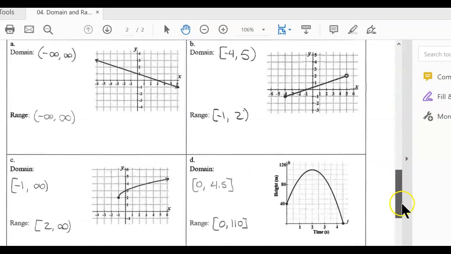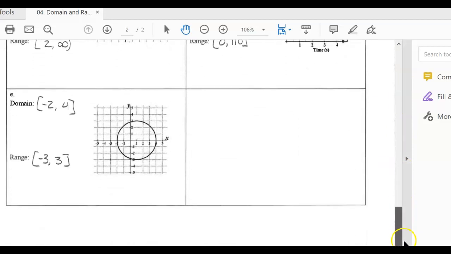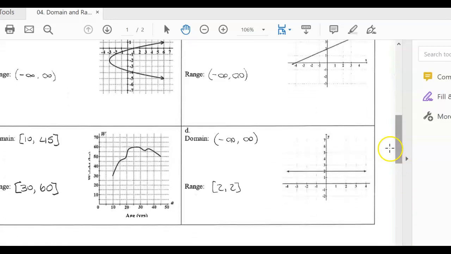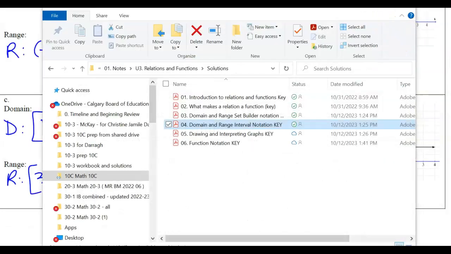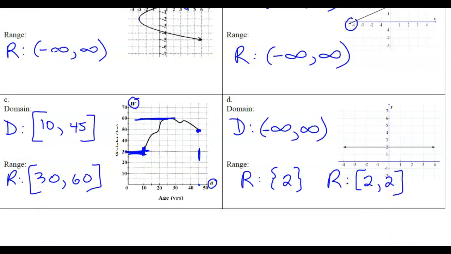I would never use interval notation for that one. Yeah, 2 to 2. Rarely will you see it like that, okay? That's kind of more work for interval notation, right? So what's the problem with writing it? 2 to 2, yeah.